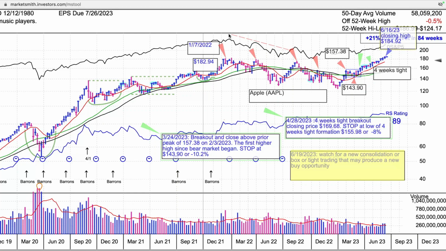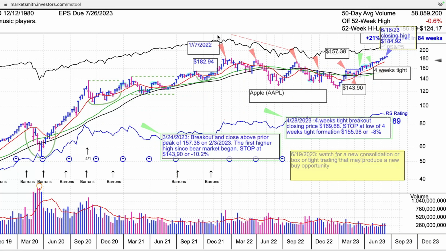Now, this red dotted line right here is showing the beginning of the S&P 500 bear market, which really got started in a big way in January of 2022, and then the market kept falling throughout the year.